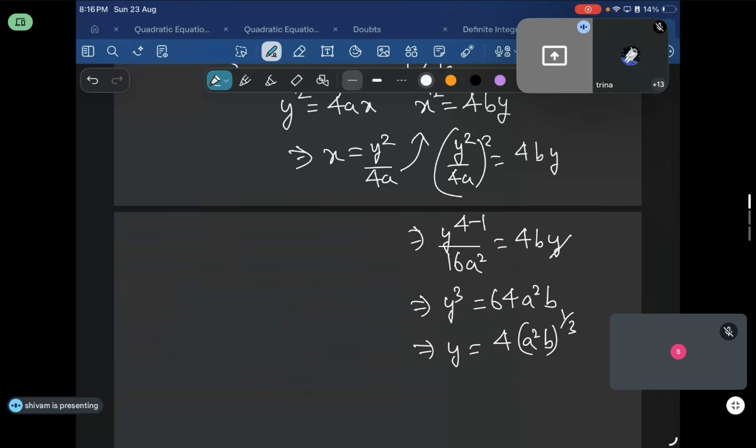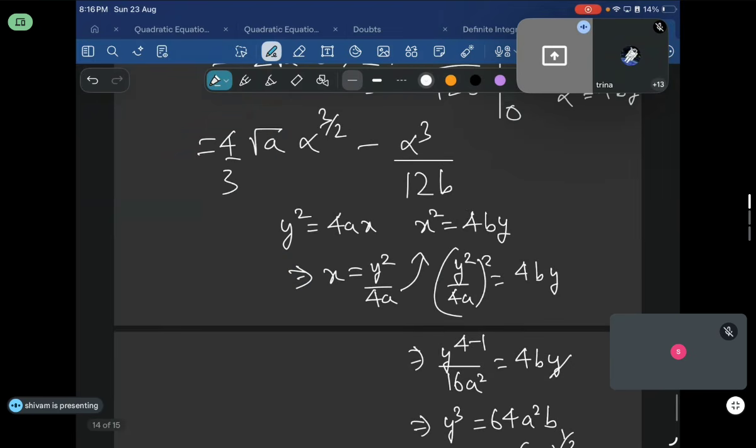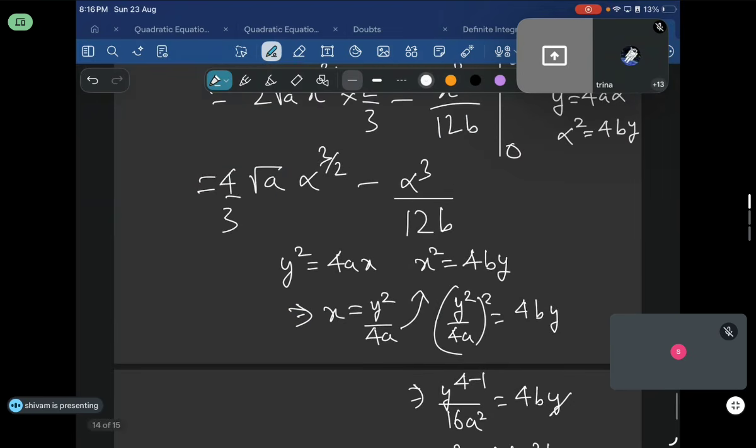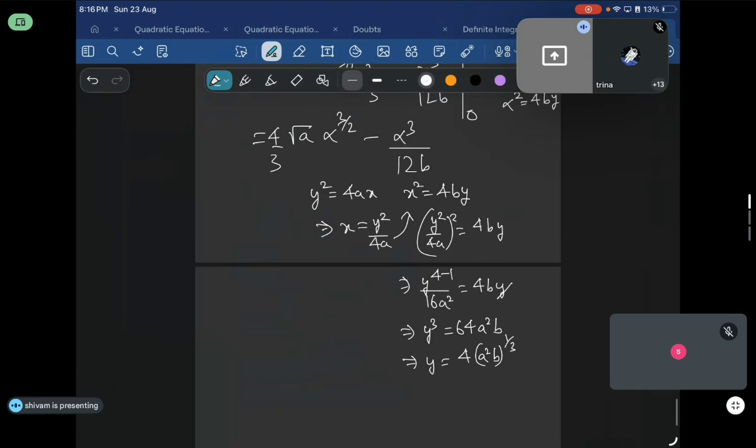X would have been easier. Let me think. We divide x square by y square, 4 by 4x. Let us eliminate y.